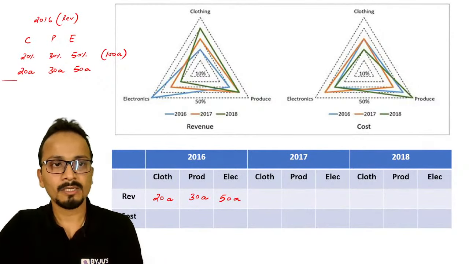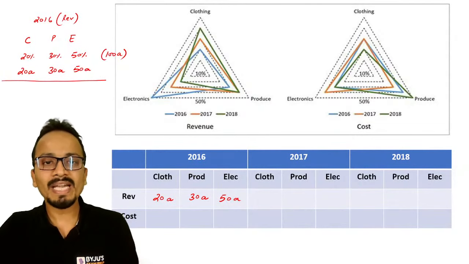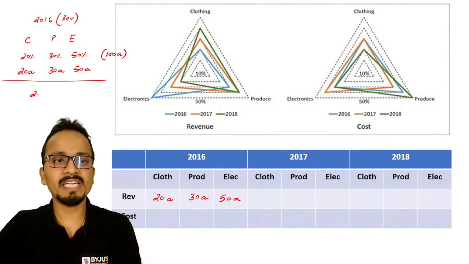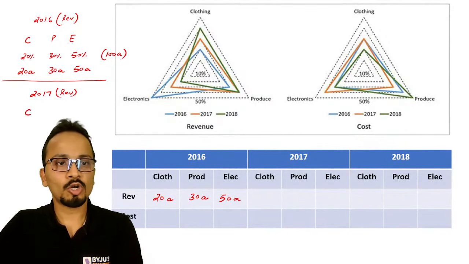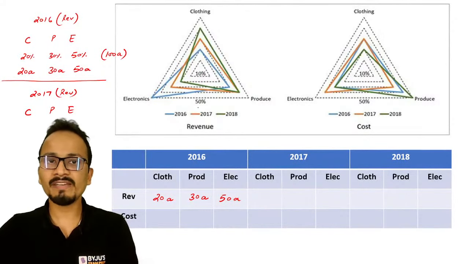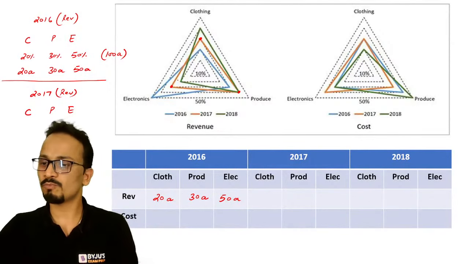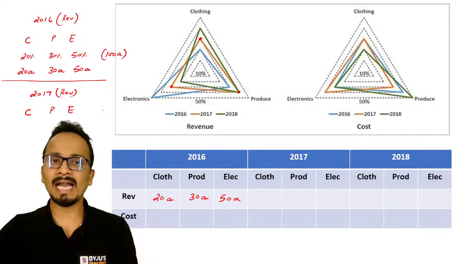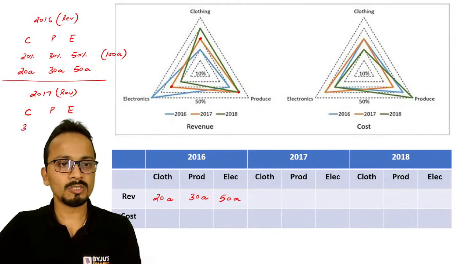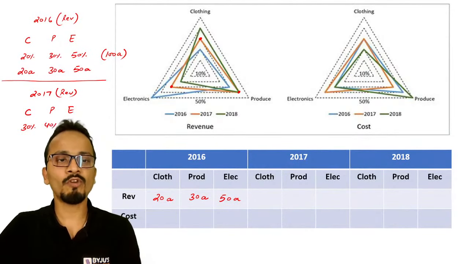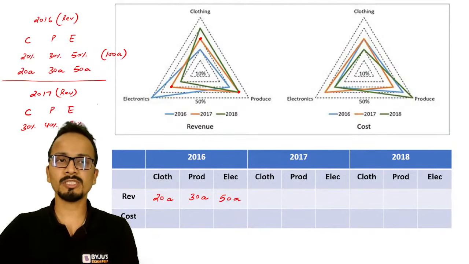Now I'll go to 2017 revenue for clothing, produce and electronics. 2017 is the orange line. So this is 30%, 40% and 30%.